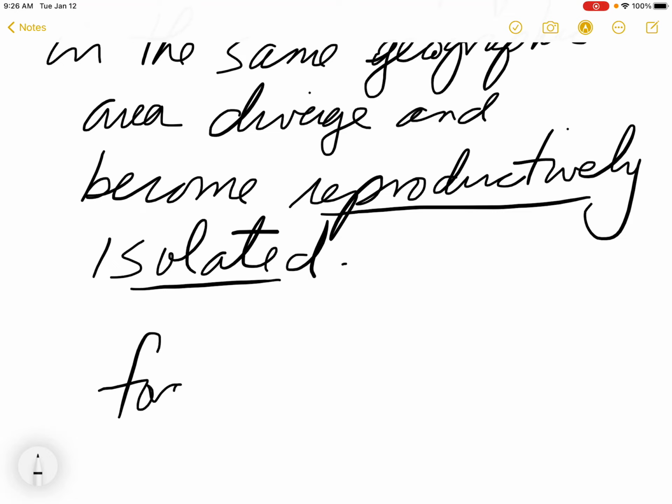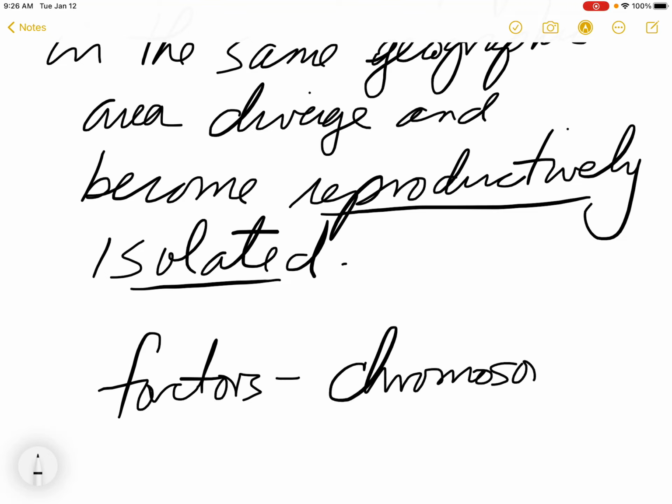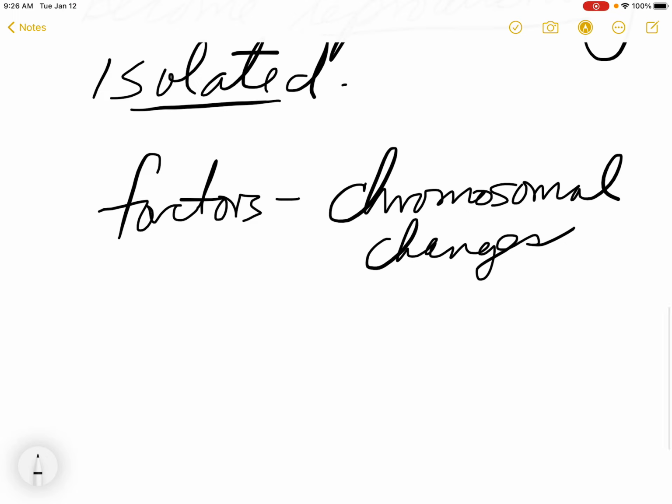The factors that affect this are usually chromosomal changes, especially in plants, and I'll explain that in a second. So I'll put plants here.